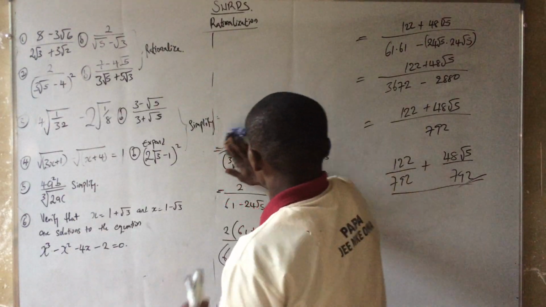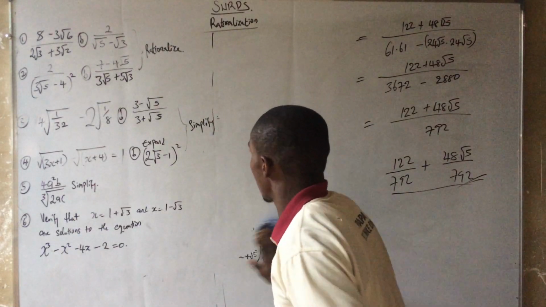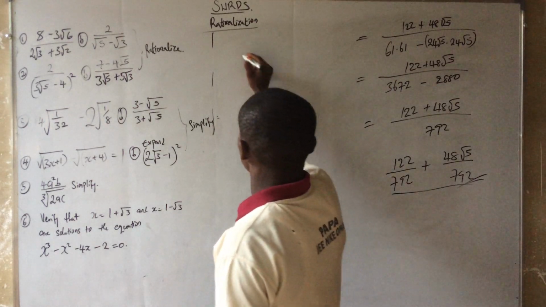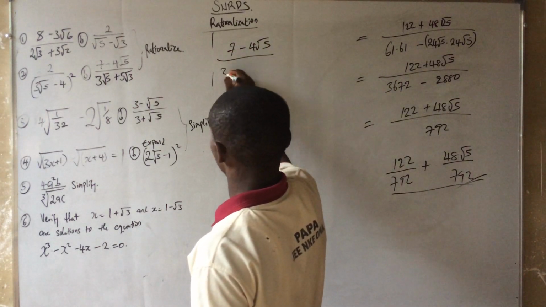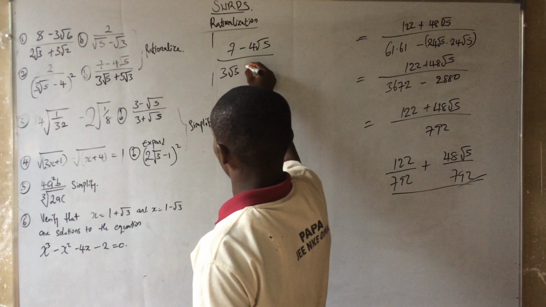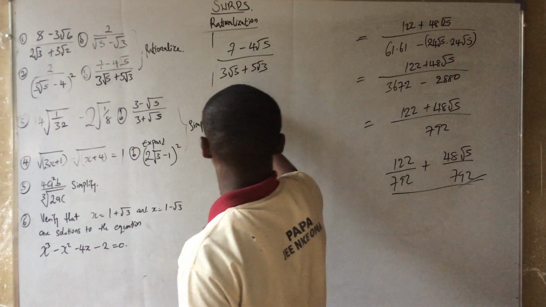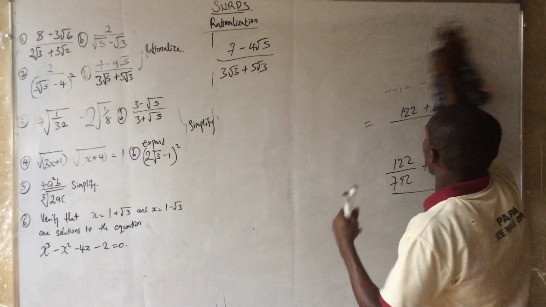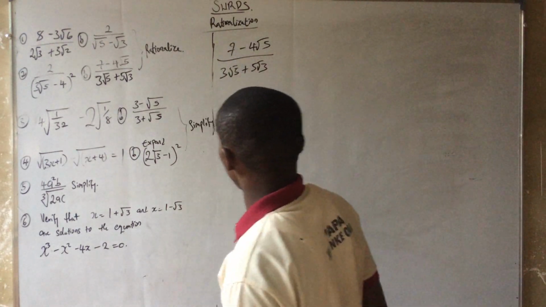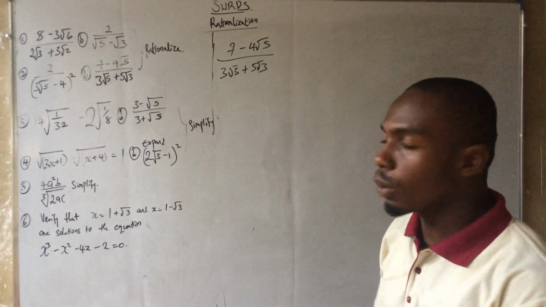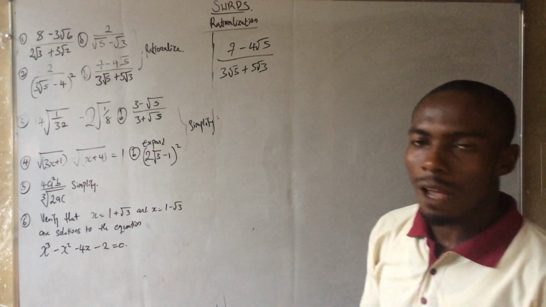So going over to the last one, which is D. The D says that we should rationalize 7 minus 4 root 5 all over 3 root 5 plus 5 root 3. So like we have always done, we first of all get the conjugate, and the conjugate is what? 3 root 5 minus 5 root 3.